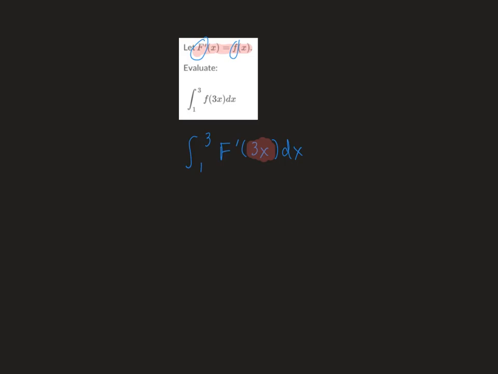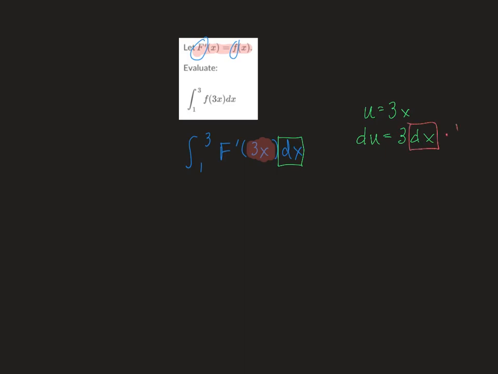And when you have a function inside of a function, that composite function, that means I need a U-substitution. So I'm going to let u equal 3x, du equals 3 dx. And what I've got a replacement for is just a dx, yet this says 3 dx.